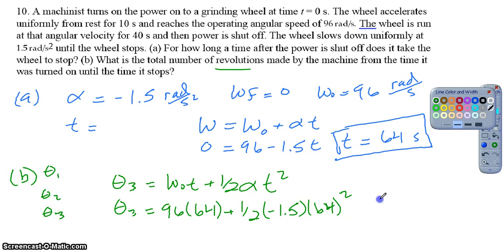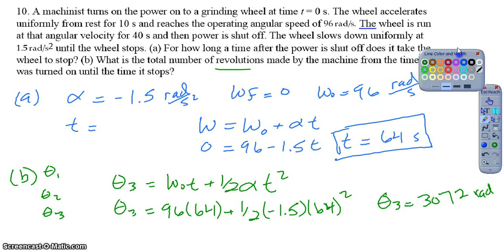Okay, so this theta ends up becoming about 3072. Excuse me, that's how many radians we make as we're slowing down.